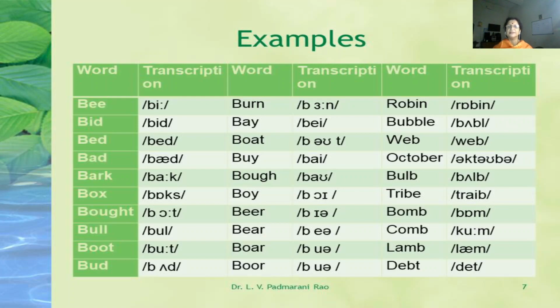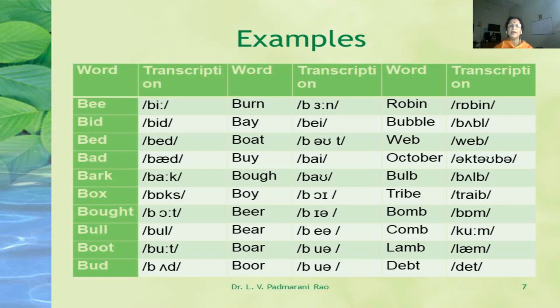B-U-D, bud, the central vowel. B-U-R-N, burn, the central long vowel. B-A-Y, bay. B-O-A-T, boat. From here onwards, you have the diphthongs beginning. If you look at the words, you could find that the sound is in combination with all the 20 vowels, which will be a wonderful practice not only for this sound of consonant but also for all the vowels.